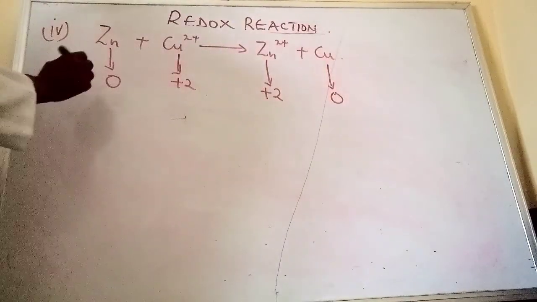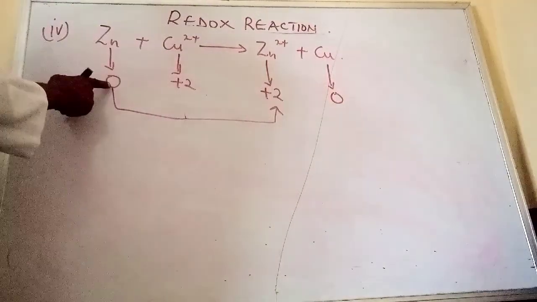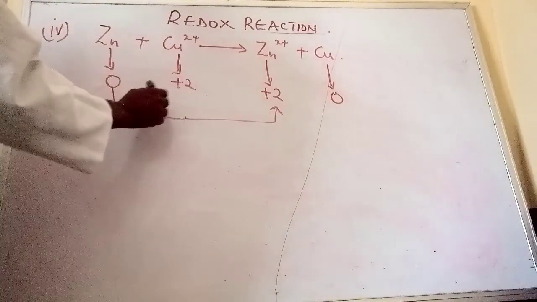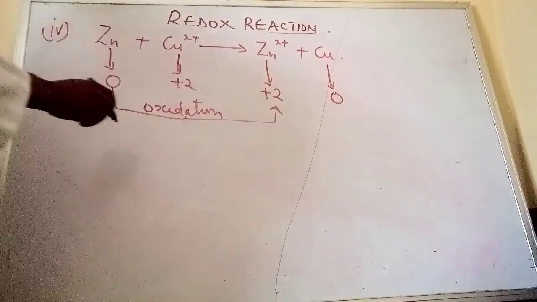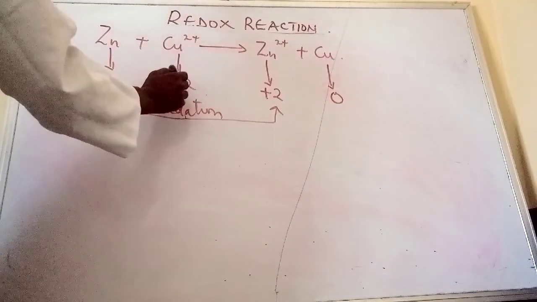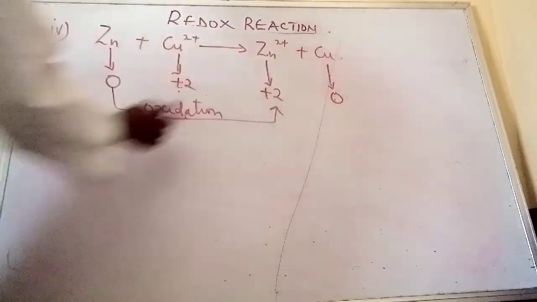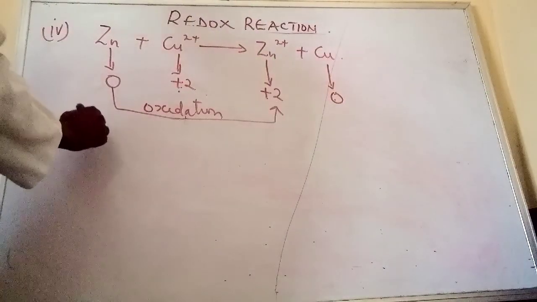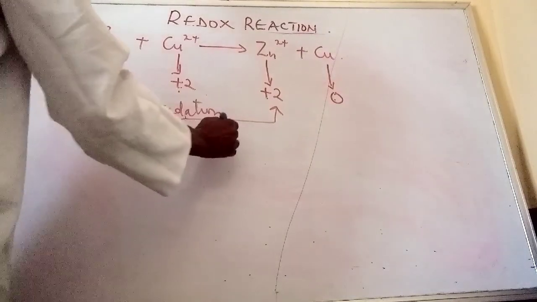So that means from zinc to zinc ion, 0 to +2, that is oxidation because there is increase in oxidation number. That means definitely from copper ion to copper atom is reduction. So zinc to zinc ion, that is oxidation.